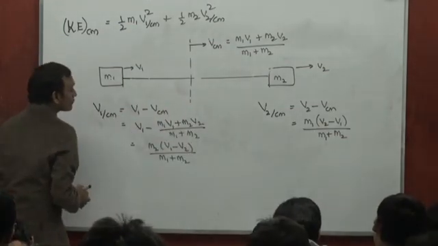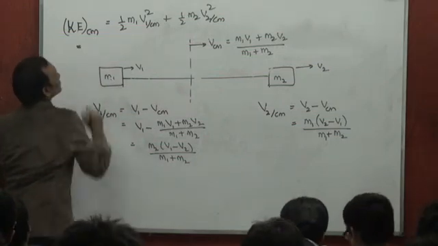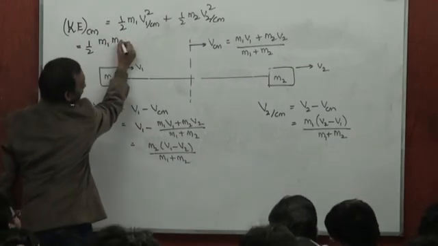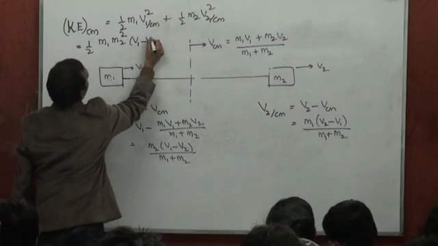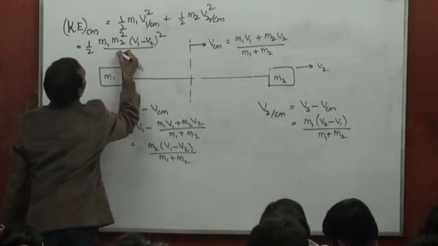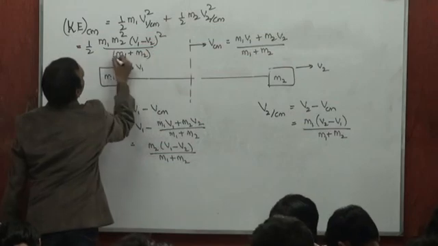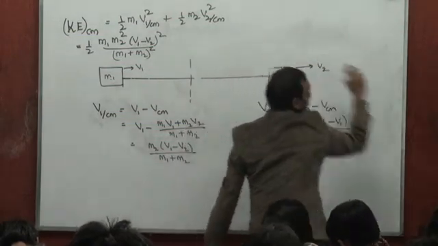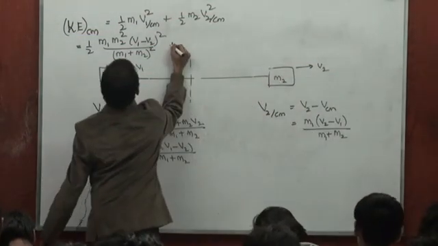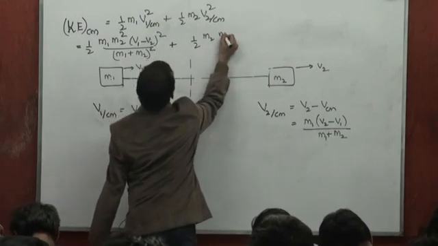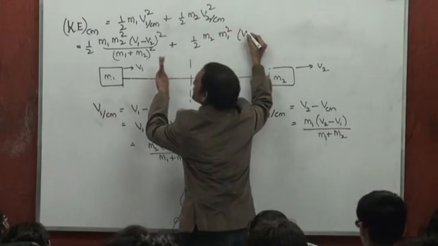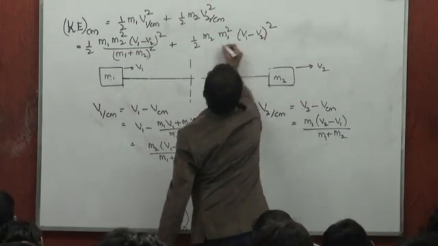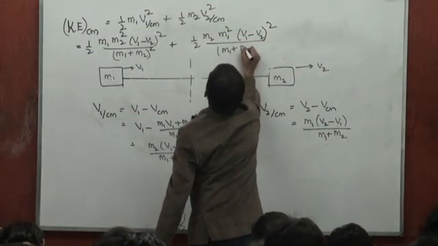Now, which then turns out to be half m1 into m2 squared into v1 minus v2 whole squared by m1 plus m2 whole squared, plus half m2 m1 squared into v1 minus v2 whole squared, which is the same as v2 minus v1 whole squared, so it does not matter when I square it, by m1 plus m2 whole squared.